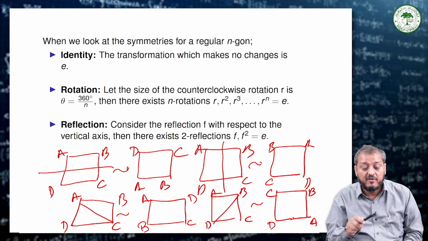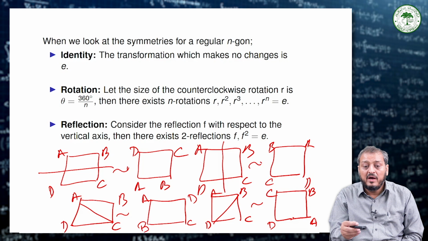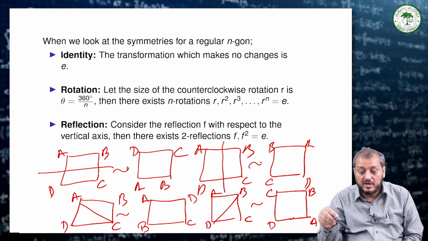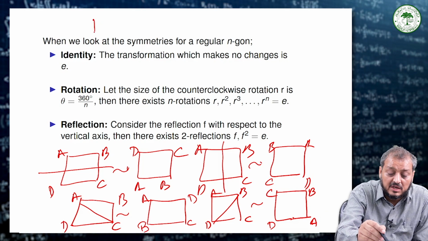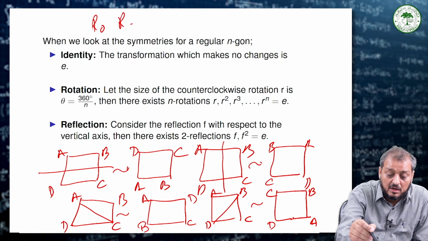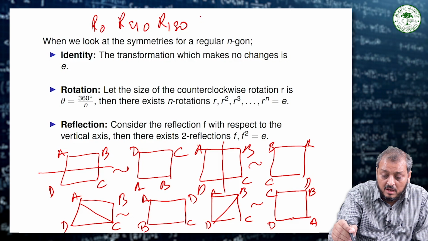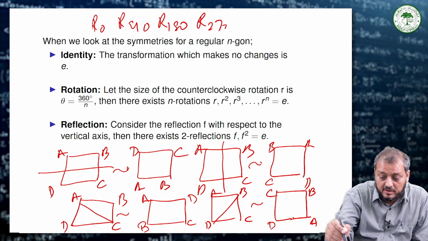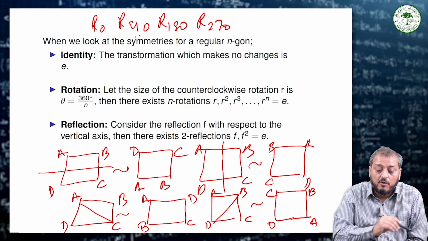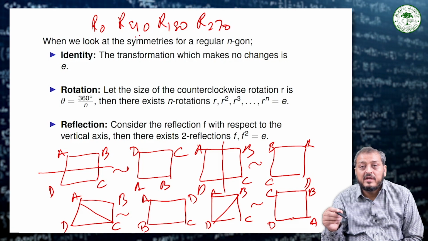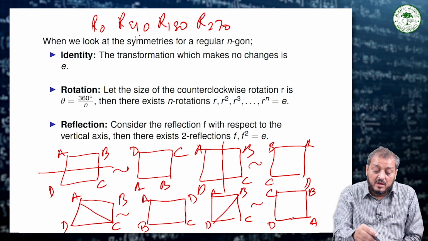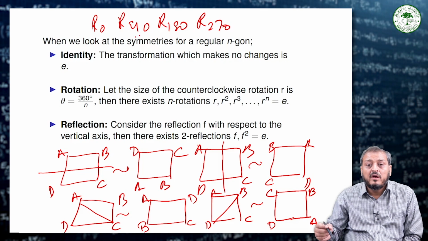So for this square, clearly we have the rotations r0, r90, r180, r270. So we have 4 rotations, and likewise 4 reflections.